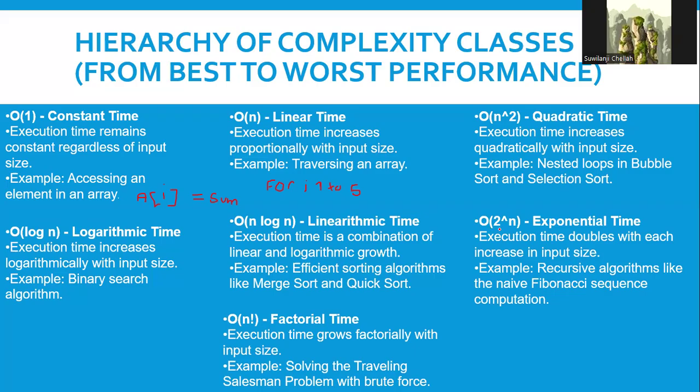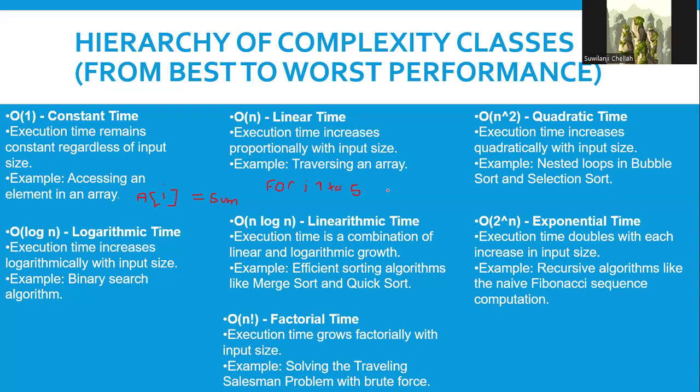So this is quadratic, this is exponential. I think I made a mistake mixing up the two. An example could be recursive algorithms like the naive Fibonacci sequence computation. And finally, big O of n factorial, where execution time grows factorially with input size, like solving the traveling salesman problem with brute force.